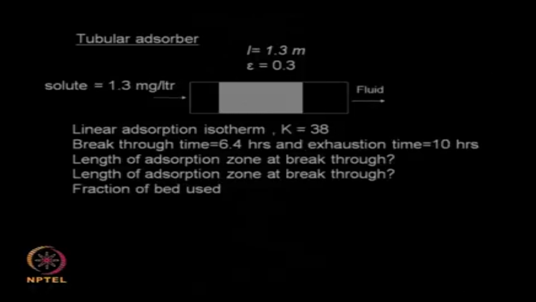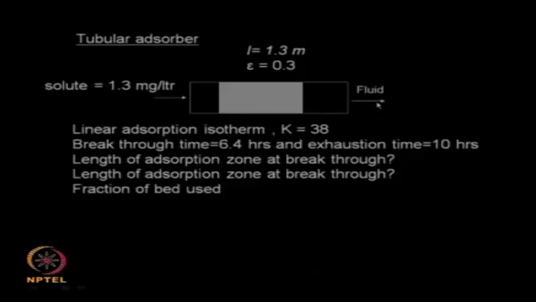You remember the breakthrough curve? I hope you all remember the breakthrough curve. Initially all the solute gets adsorbed by the adsorbent because your adsorbent is very fresh. So whatever stream is leaving here will be devoid of any solute, there will not be any adsorbate present here, but as it gets saturated, slowly you will start seeing some solute in the exit stream, and that is called the breakthrough point.